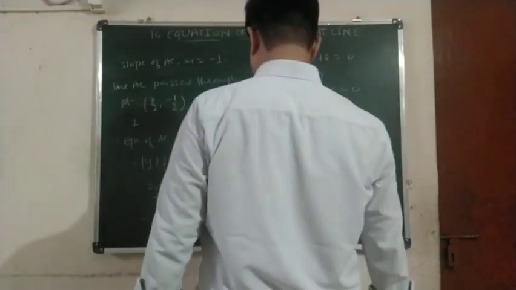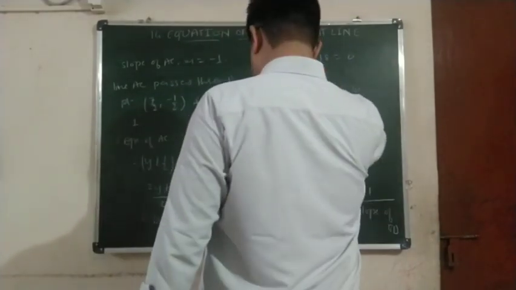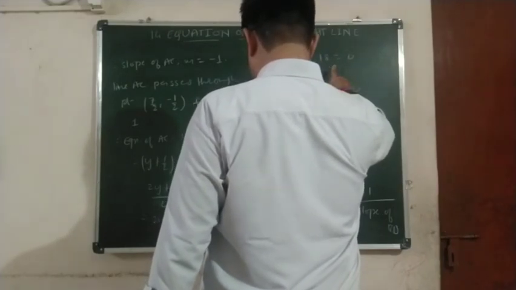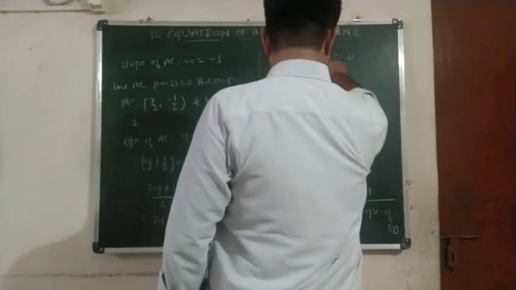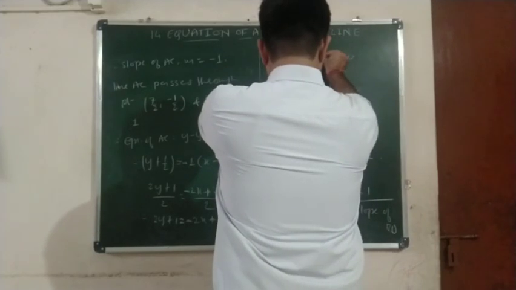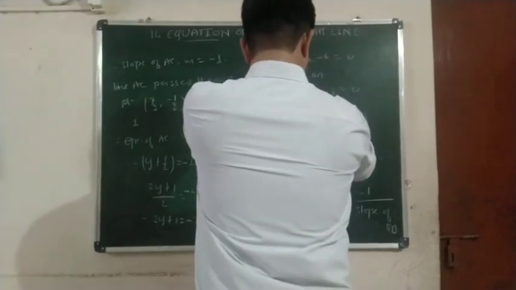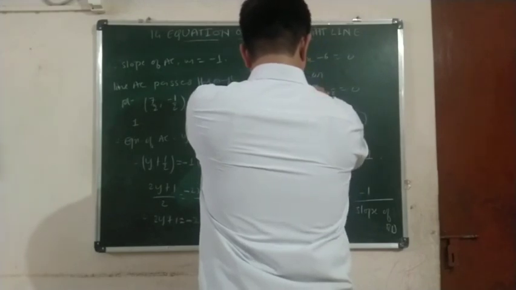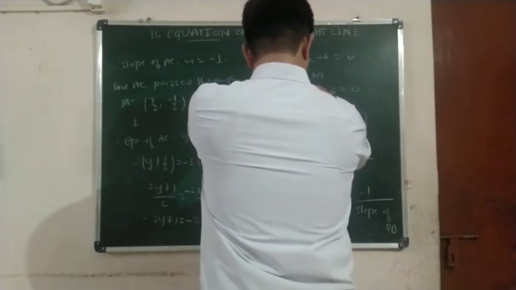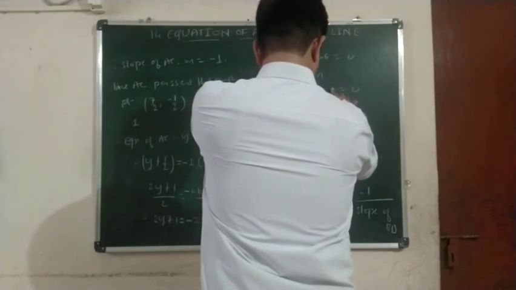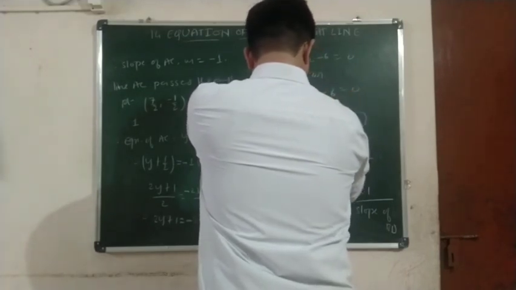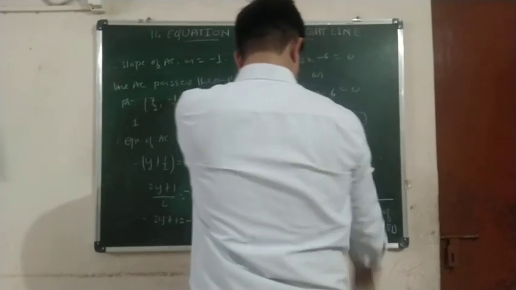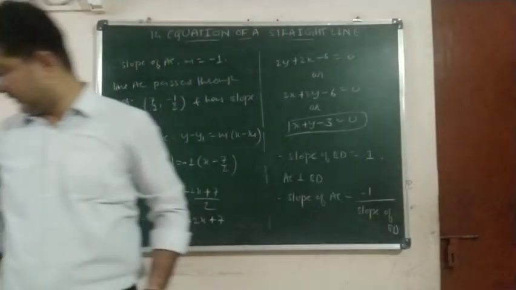Okay, then 7 minus 1 minus 7 will be minus 6, or if we change, 2x plus 2y minus 6, or x plus y minus 3 equals 0.